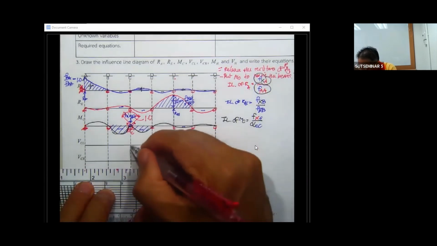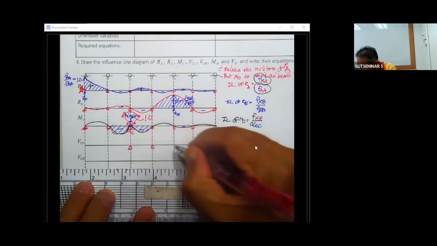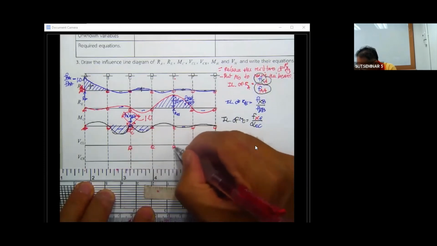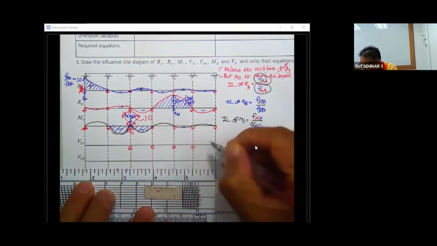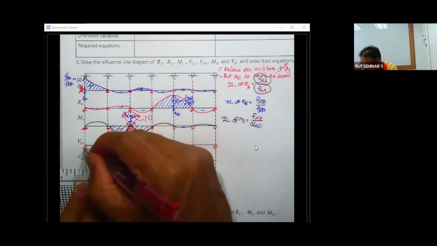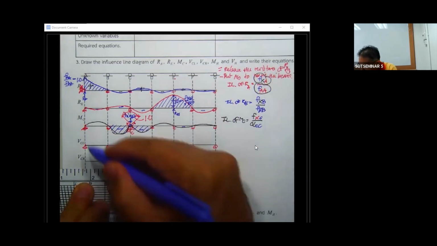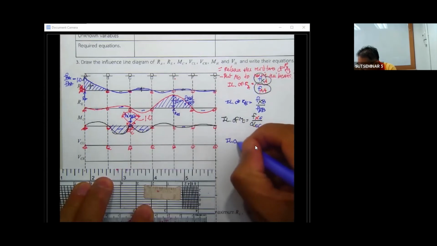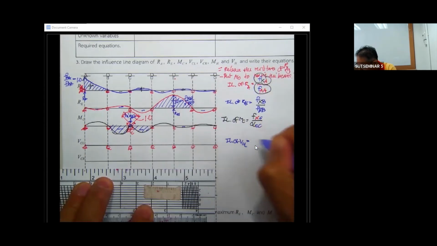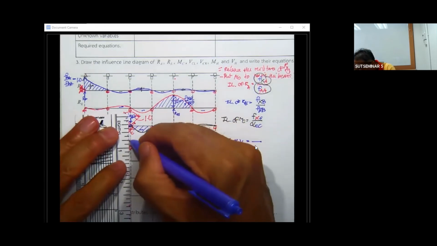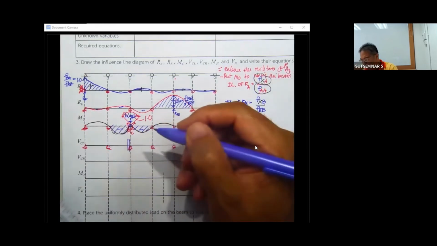Now we move a little bit further to the left-hand side of point C. That means the influence line of V sub C L, at C on the left.